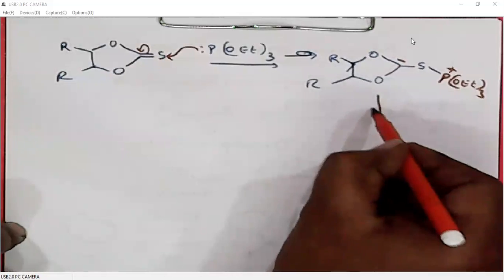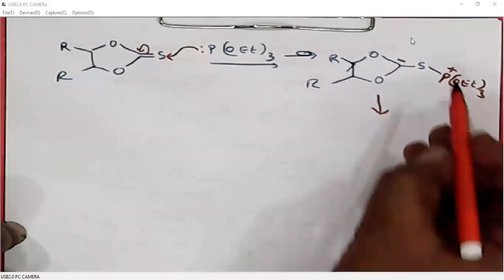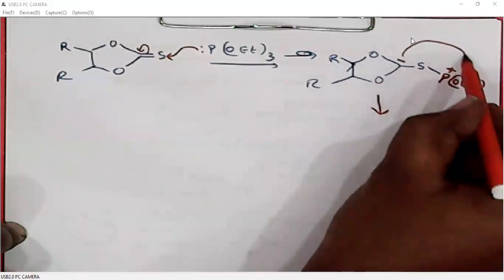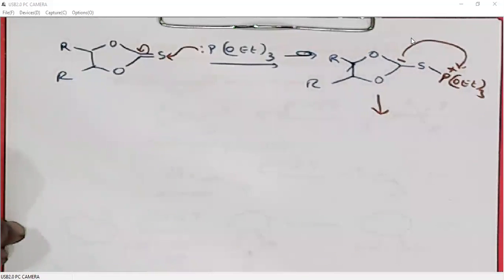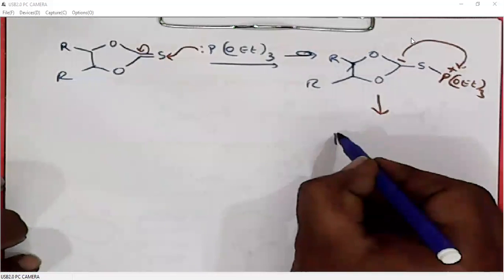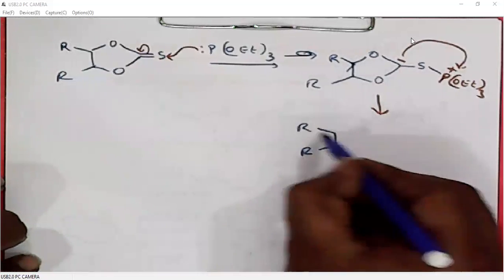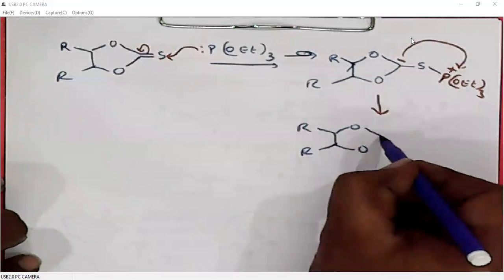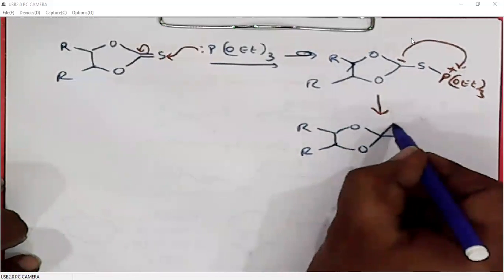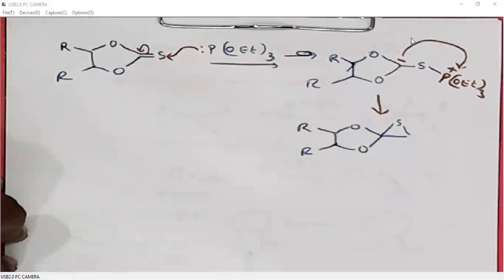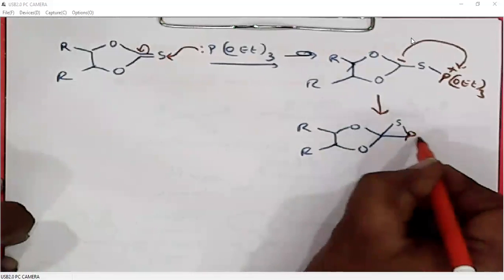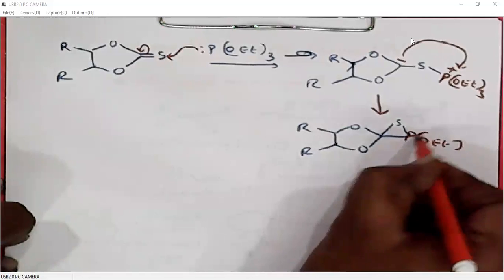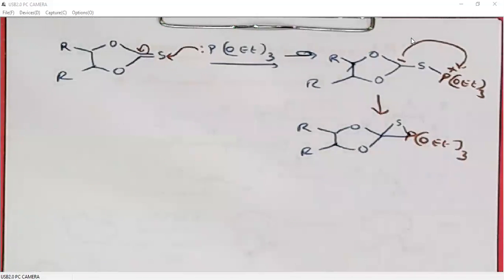Then again, the carbon negative charge will attack on phosphorus, so it generates a three-membered ring. Of course, phosphorus can form 5 bonds, right? Nitrogen can form only 3 bonds, but phosphorus will form 5 bonds.